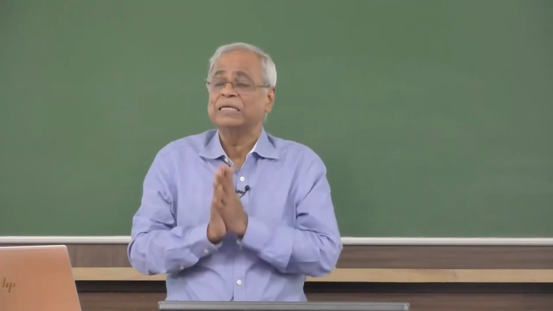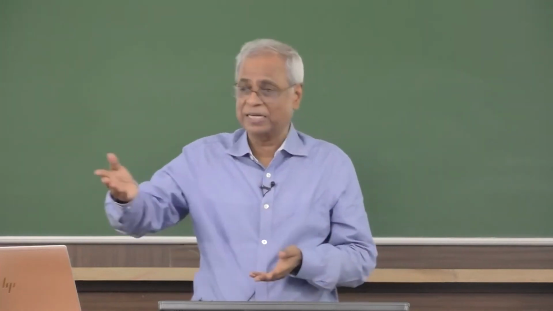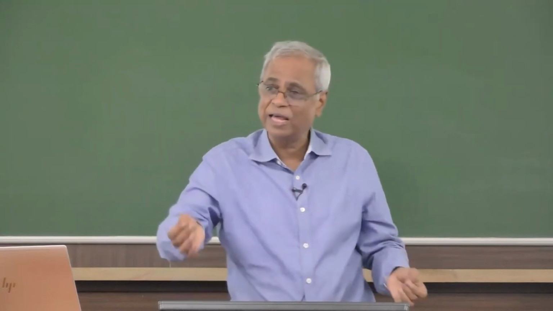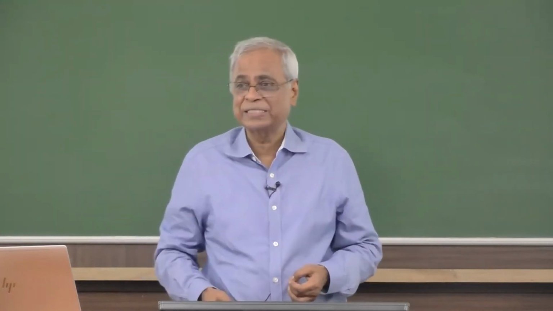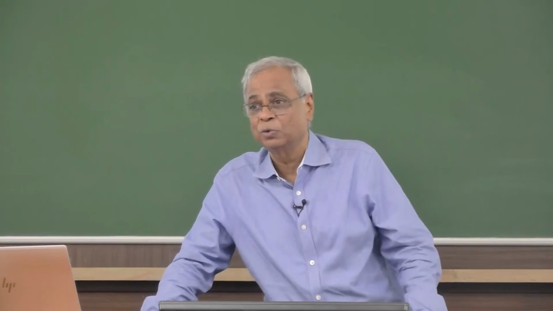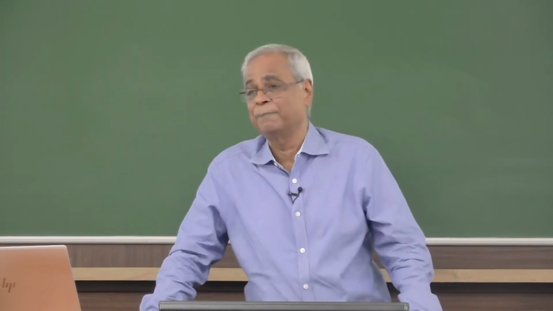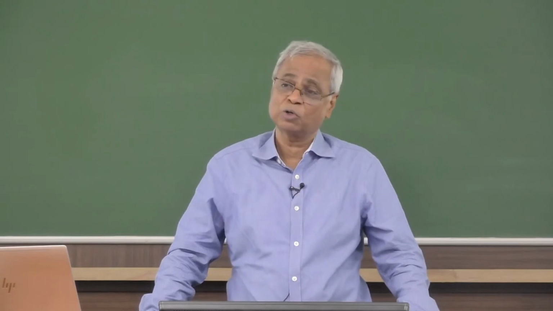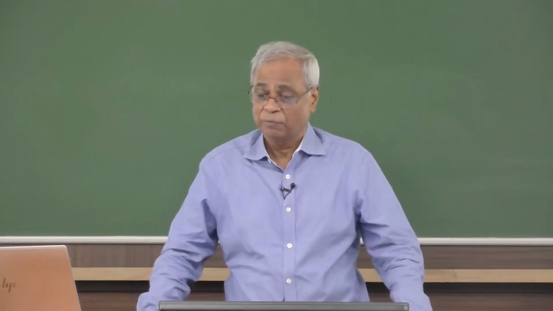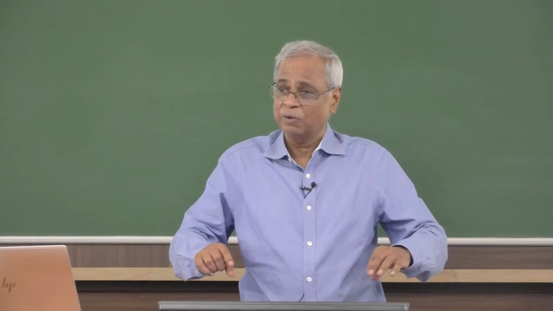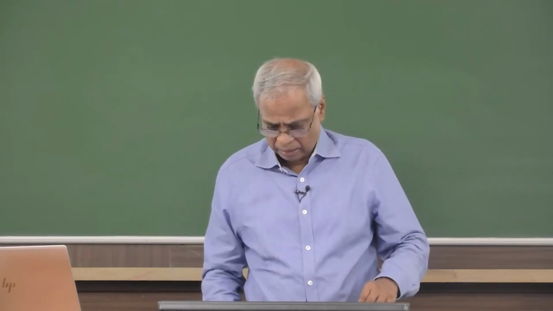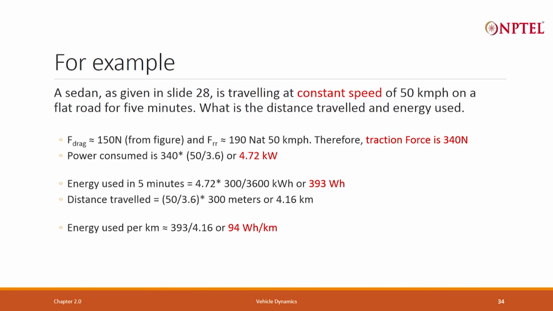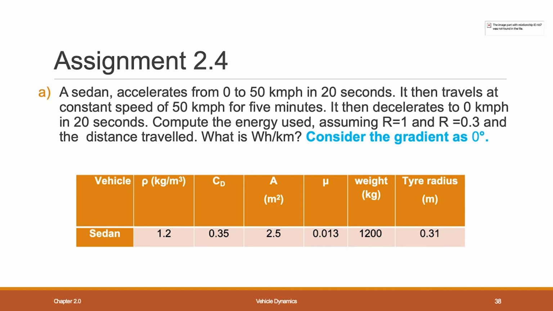I add the power that I will be requiring for accelerating, figure out how much time I will require, which is 20 seconds, and I compute the energy, and then I also compute the kilometer travel. The previous kilometer travel, the 4.16 kilometer, was assumed when I was traveling at 50 kilometer per hour, but during acceleration also I will be traveling some distance. So, I compute that and then divide it, and I will get watt hour per kilometer.